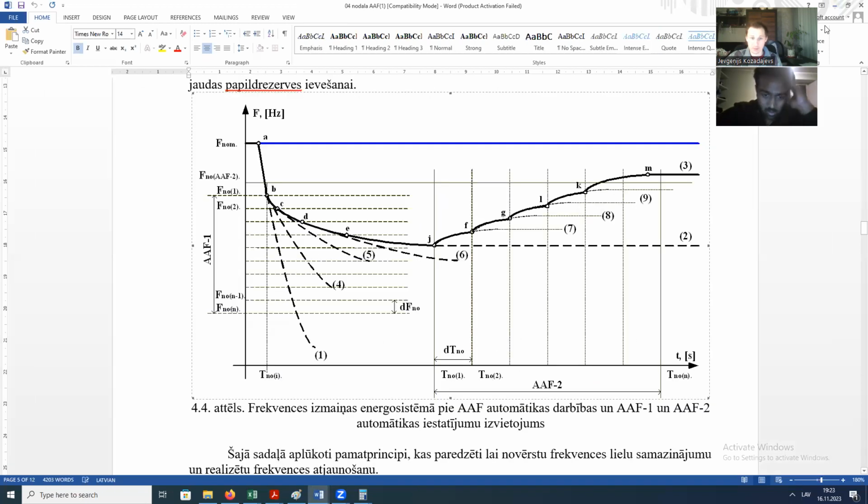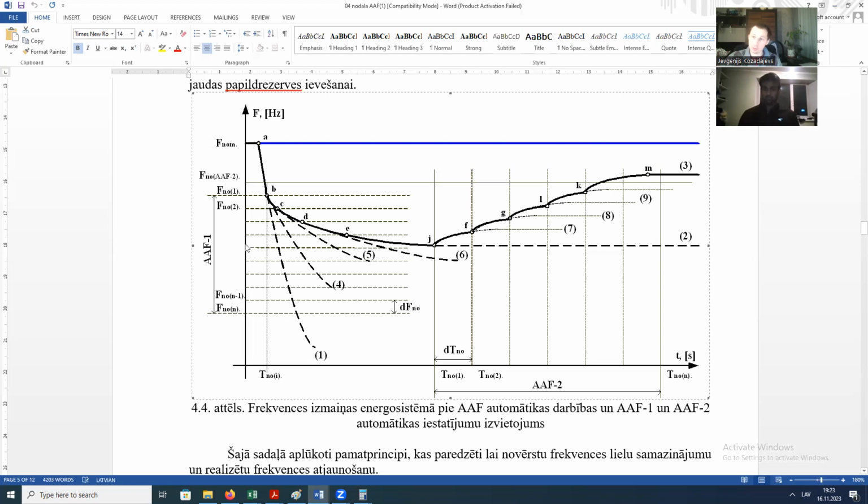Okay, let's come back to our scheme. Okay, so we are in point J, yes? When we have disconnected three groups of consumers, and we are in balance for now, but we are in balance with a low frequency. Here is the nominal frequency, and here we are with a decreased frequency.